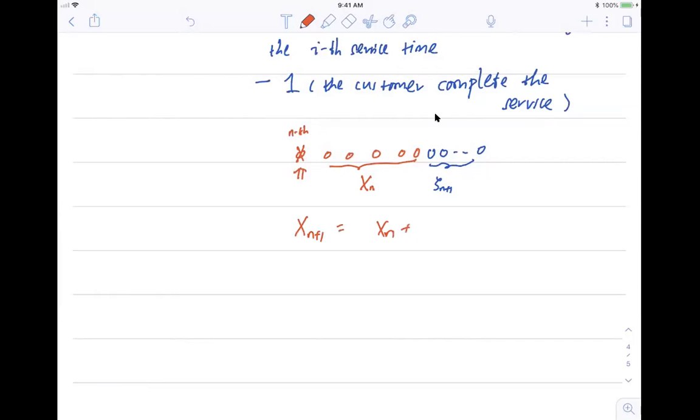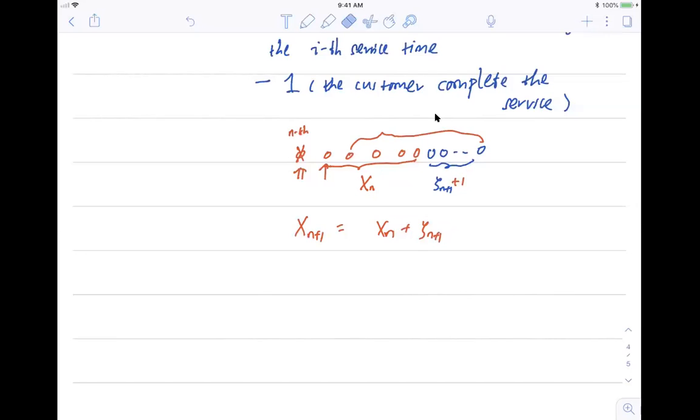But here we should minus 1, because when this guy gets served, there are this many people there, so we need to take this plus this, then minus 1. That's why we get this number.